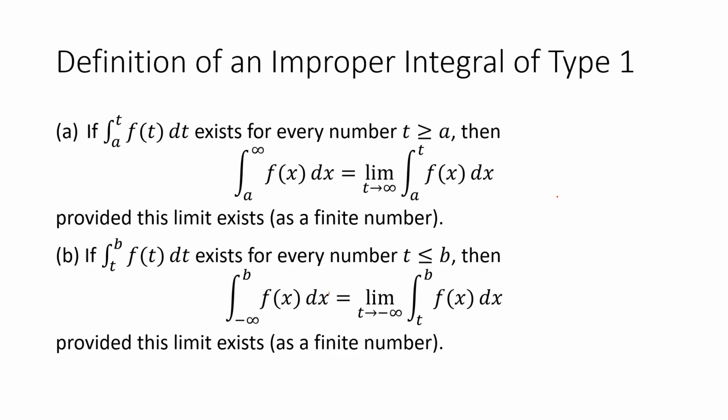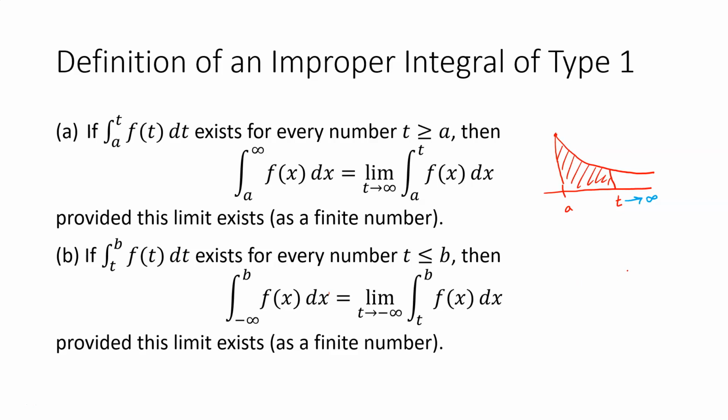You can imagine the picture here is that I've got some function, say from a to infinity, so we take a finite region, take the area of that region in terms of the right endpoint t, defined as some value that can vary, and then I take that value to infinity. Essentially it's stretching that area out, and in this case it could be a finite number or it could be infinite. This area could be infinite.